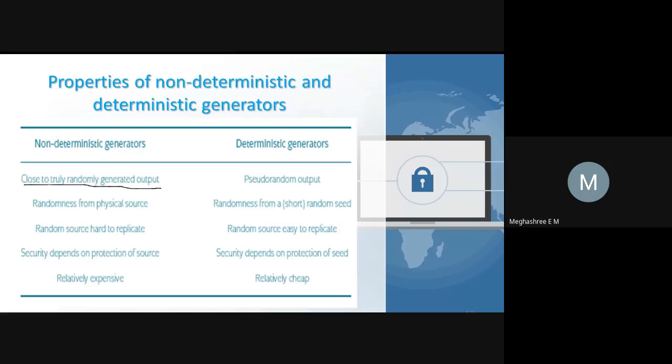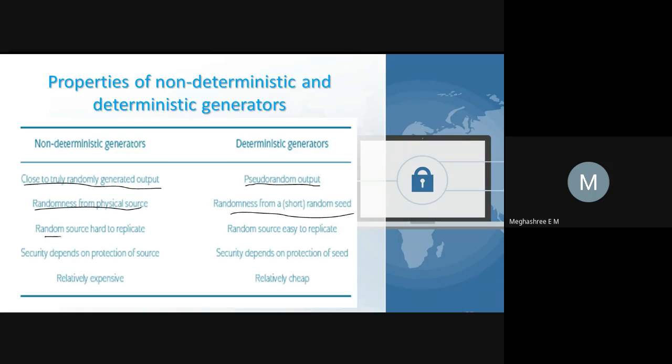In a non-deterministic generator, the numbers are generated using physical phenomena, that's why the numbers are truly random. Whereas here, we call them pseudo-random output, and the randomness comes from the physical source, that means from the physical phenomena, whereas here from the seed. Based on the seed, the randomness depends.